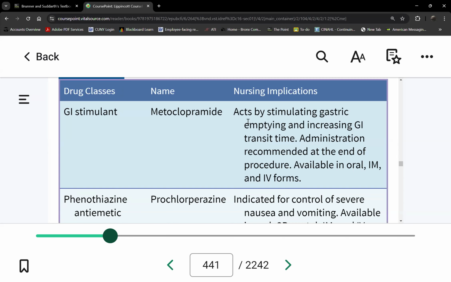Now, which drug you'll use depends on what type of nausea vomiting your patient is having, because there are 3 types of nausea vomiting. First is anticipatory nausea, meaning the patient didn't even receive the drug yet or had the procedure yet, they're already nauseous. There's acute nausea, meaning they're nauseous now.